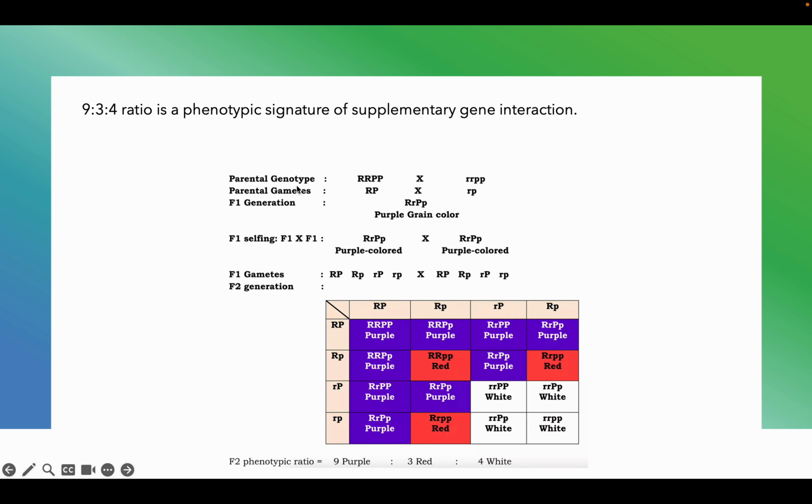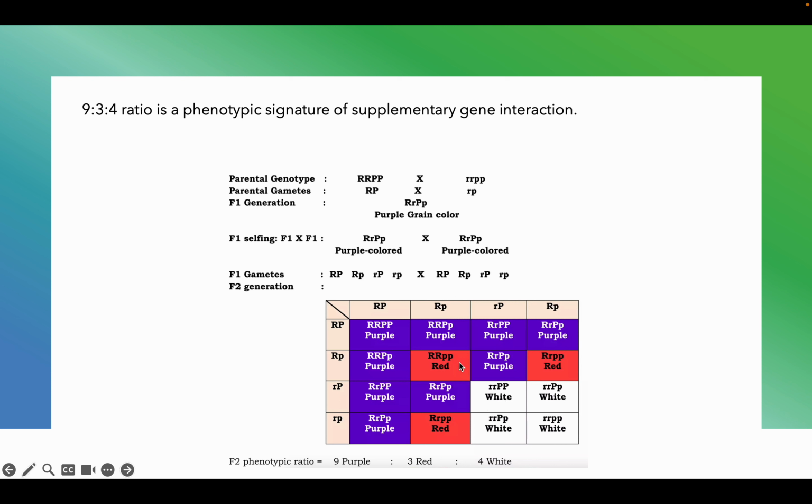Here you can see the example. Suppose we are talking about the grain color, which is purple. Because here it's all small and small, when these parents are crossed, what we get is the purple F1 generation. When we cross them, when both of them are present, we get purple. But when either of them is present, like when RR is present, we get the red color, and when PP is present, we get white color.